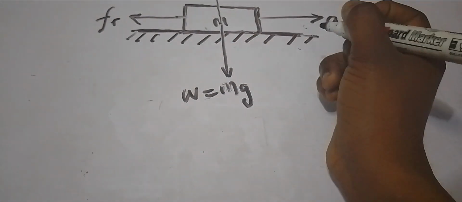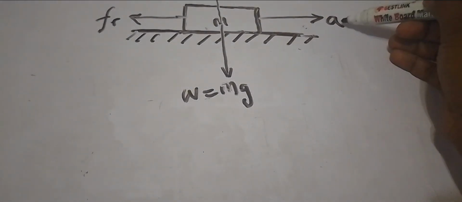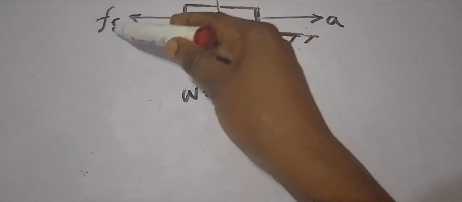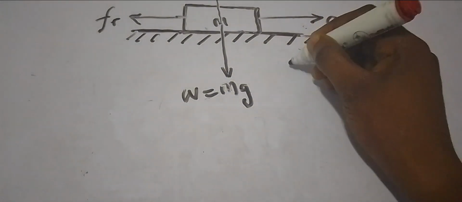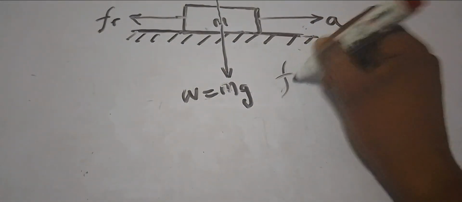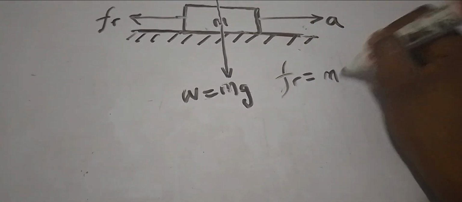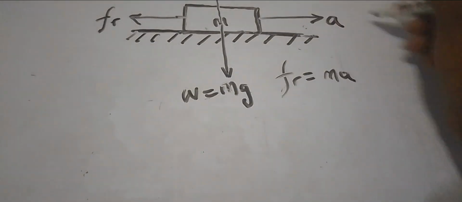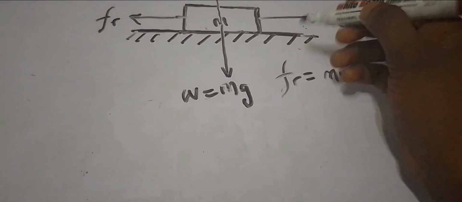Now, how do we analyze the force of friction around it? If we look at it, we discover the acceleration here is proportional to the friction. So we can say the frictional force is equal to ma, because as the object is moving here, there's going to be a force moving in this direction. We call it ma.